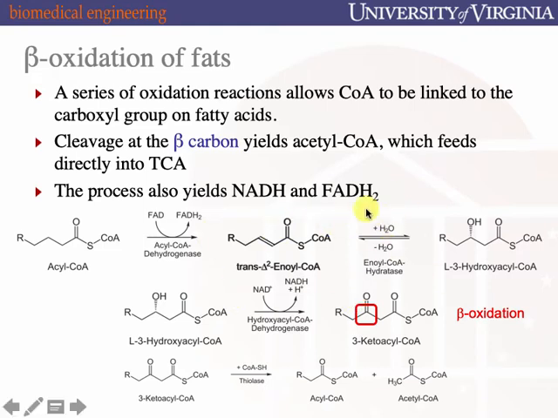This is a water-dependent process. A couple of chemical steps you don't need to be aware of. There's another dehydrogenation reaction here involving NAD to NADH. And now you have 2 carbonyls next to one another.